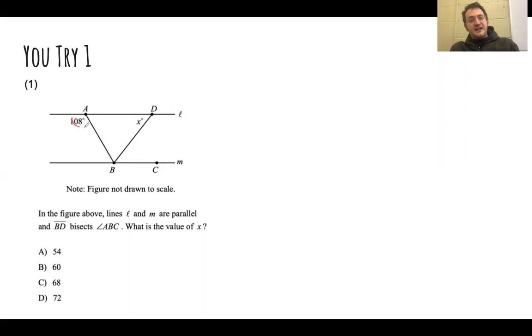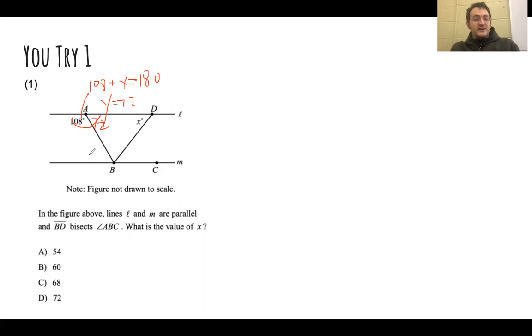so let's say you wanted to do this problem. I can see here that we'll call this y. I could say that 108 plus y equals 180. So y would be 72. And we could actually find what that angle is.